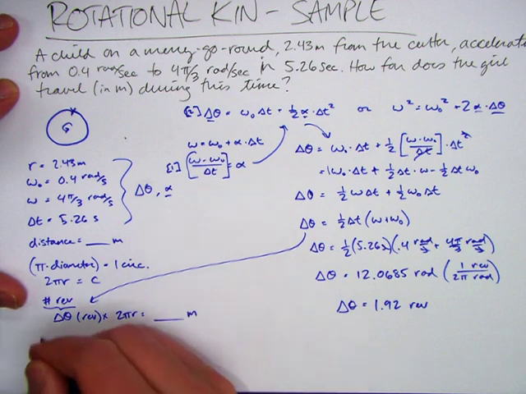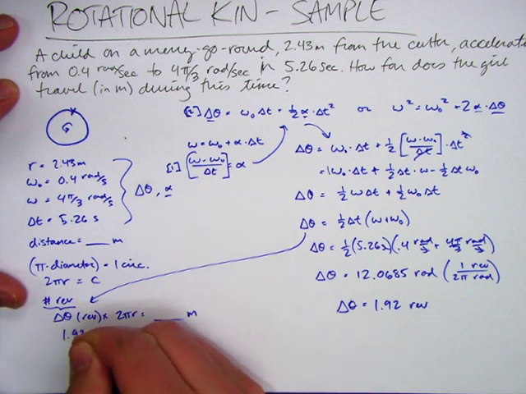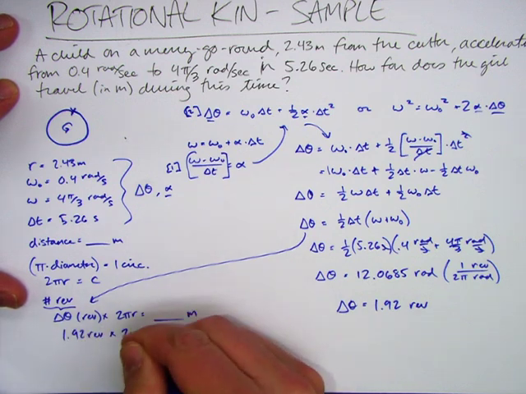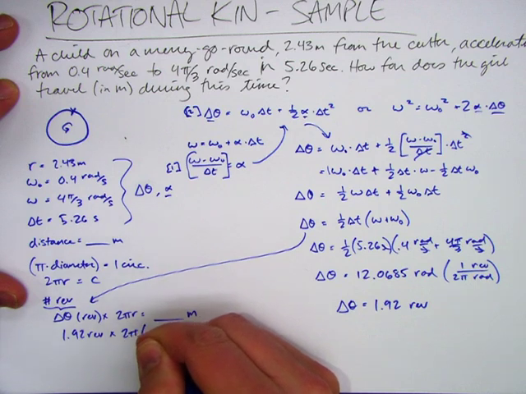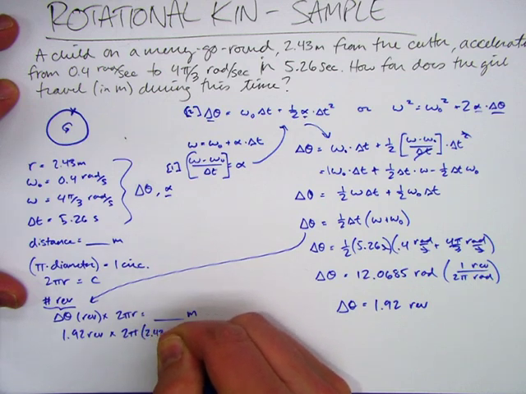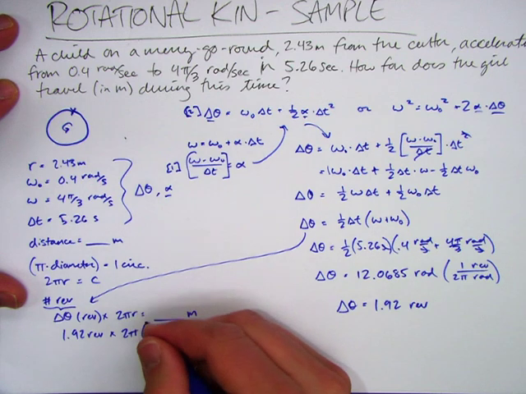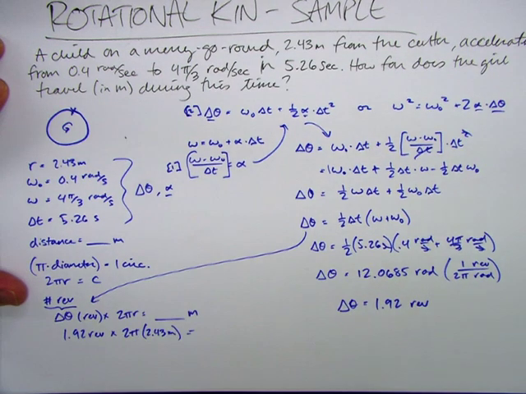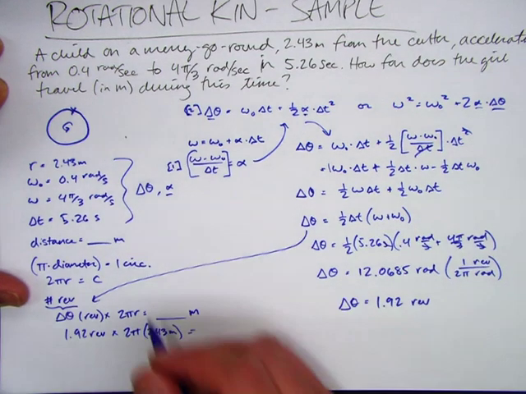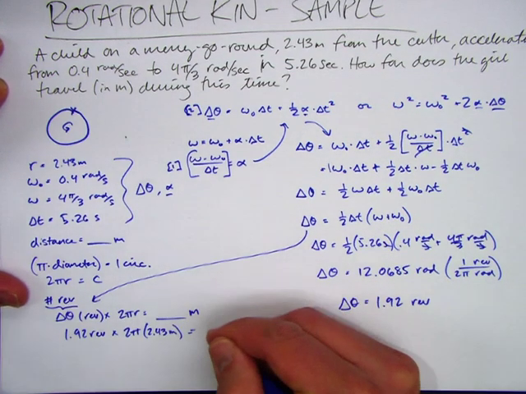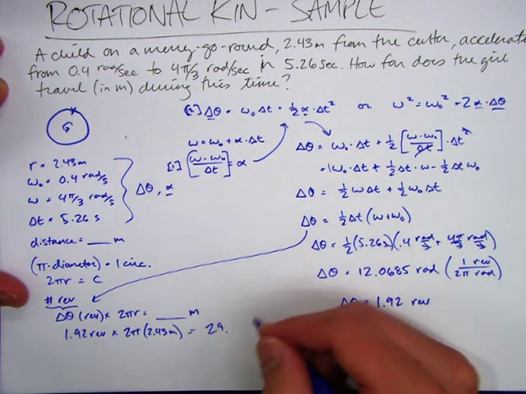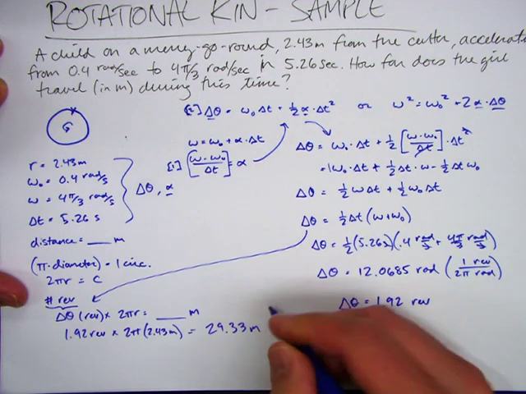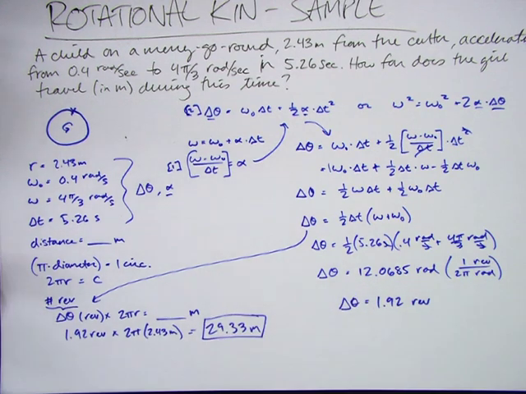This goes in here, so I have 1.92 revolutions times 2 pi times my radius of 2.43 meters, which is the distance traveled per revolution. That will give me a total linear distance traveled of 29.33 meters.